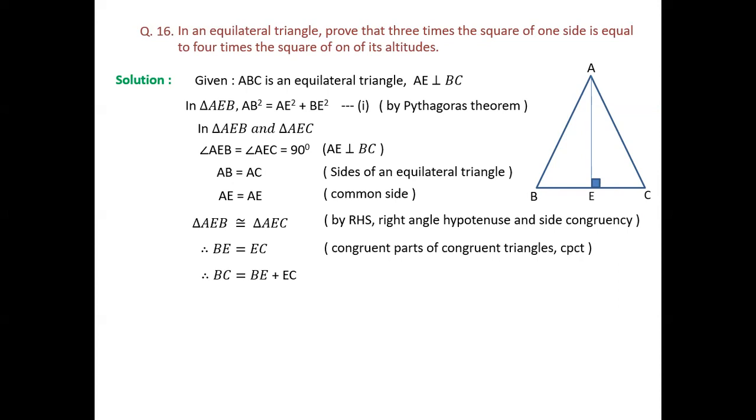Therefore, if you see this figure, the full BC is equal to BE plus EC. Because BE is also equal to EC, EC can be changed to BE. So you get BE plus BE. BC is equal to twice BE. That means BE is half of BC. Clear? That is your second condition. So BE is half BC.